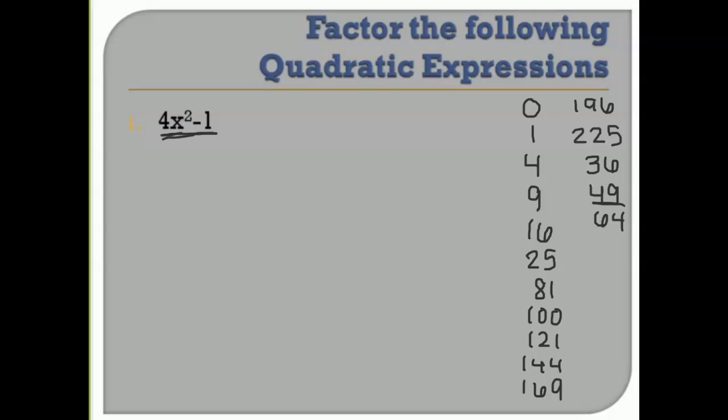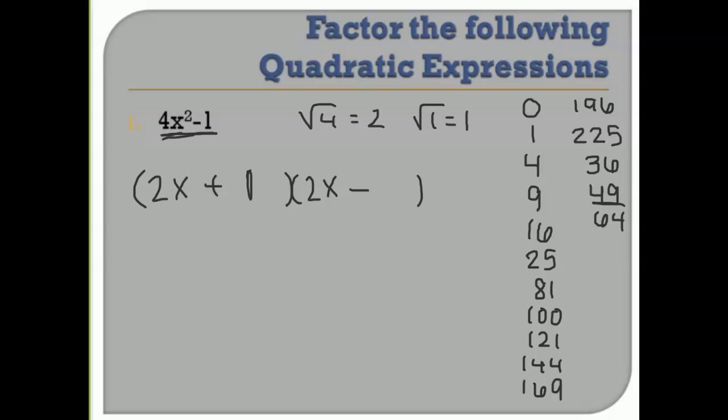So we have the square root of 4, which is 2. And if you don't know a square root, you can always put it on your calculator. So you have 2x, 2x, 1 positive, 1 negative. And again, the square root of 1 on your calculator is 1. So you have plus 1, minus 1.